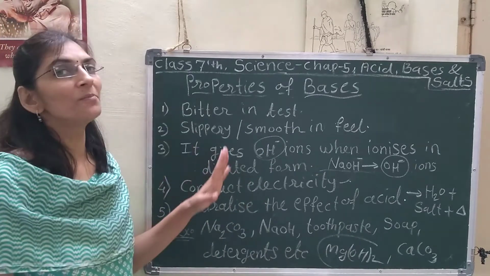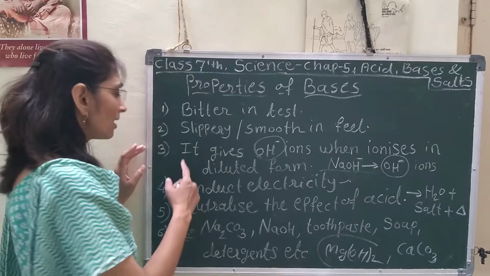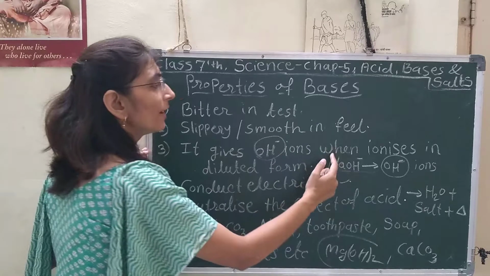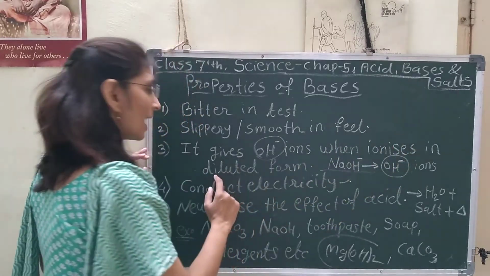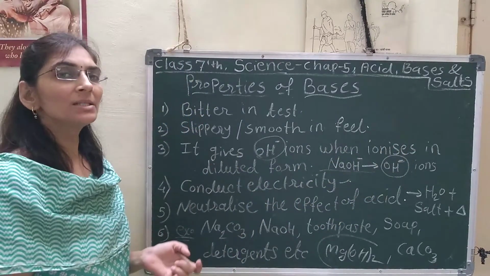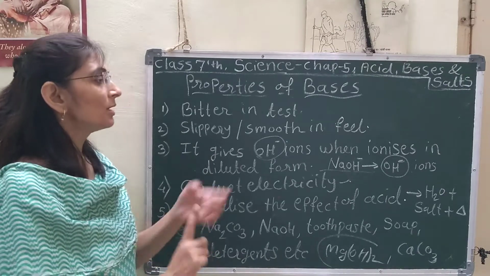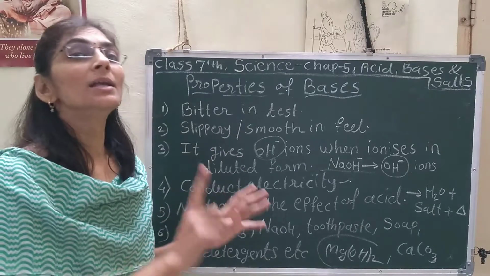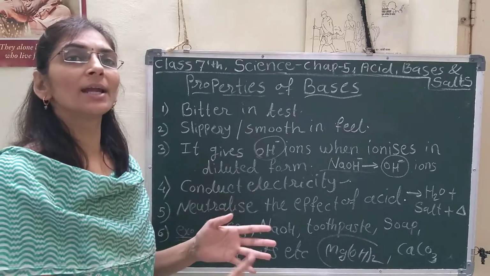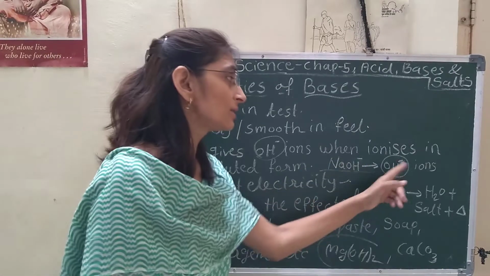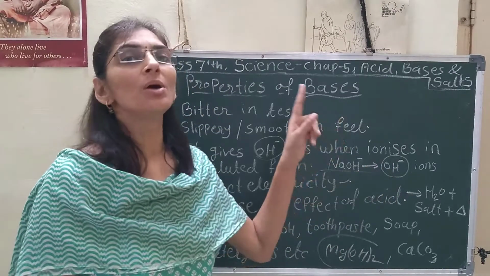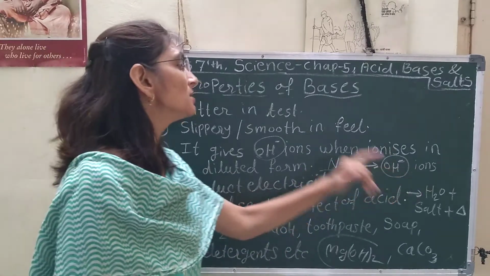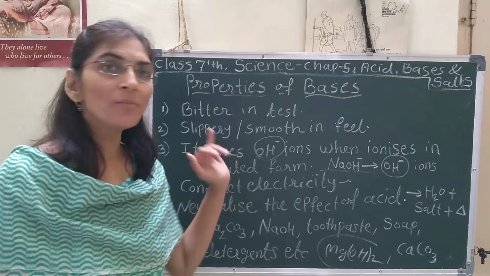The next very important property: it gives hydroxyl negative ions when ionized in diluted form. This means when we dilute sodium hydroxide or any base in water, it gets dissociated to give hydroxyl ions, that is OH negative ions. It gives OH negative ions in diluted form only.